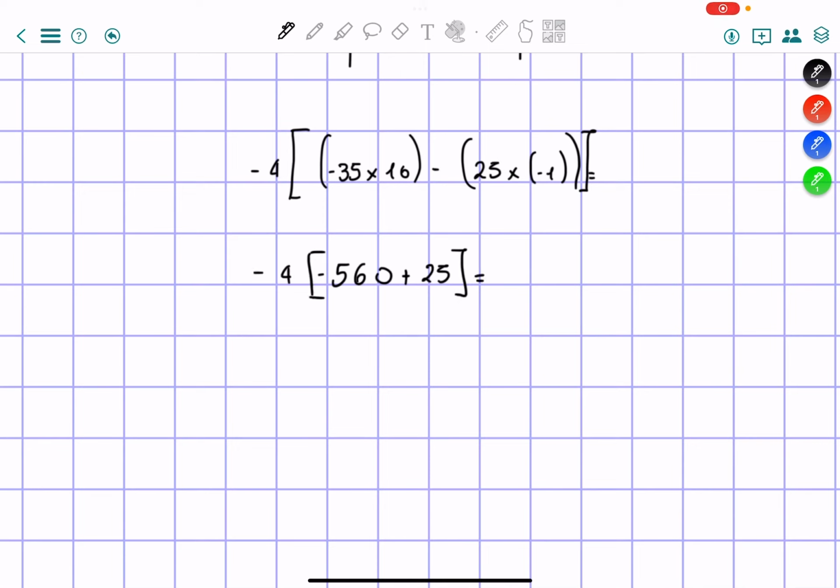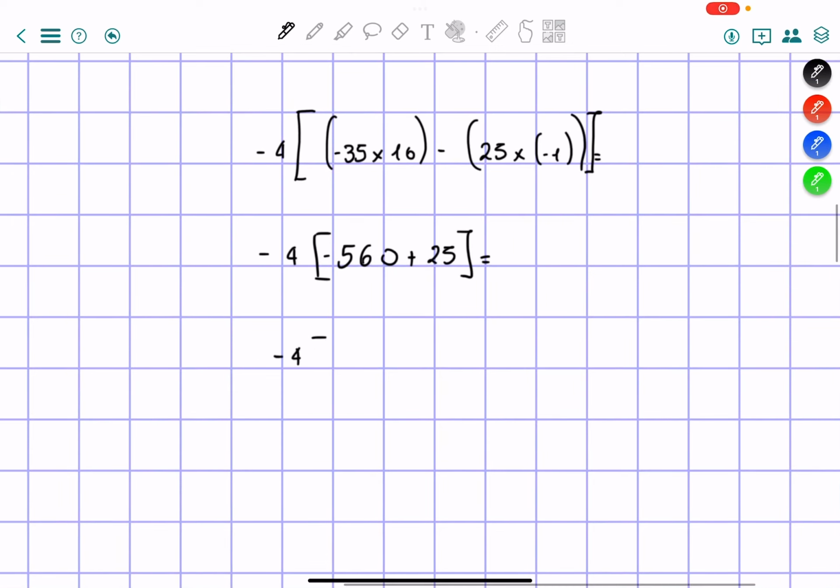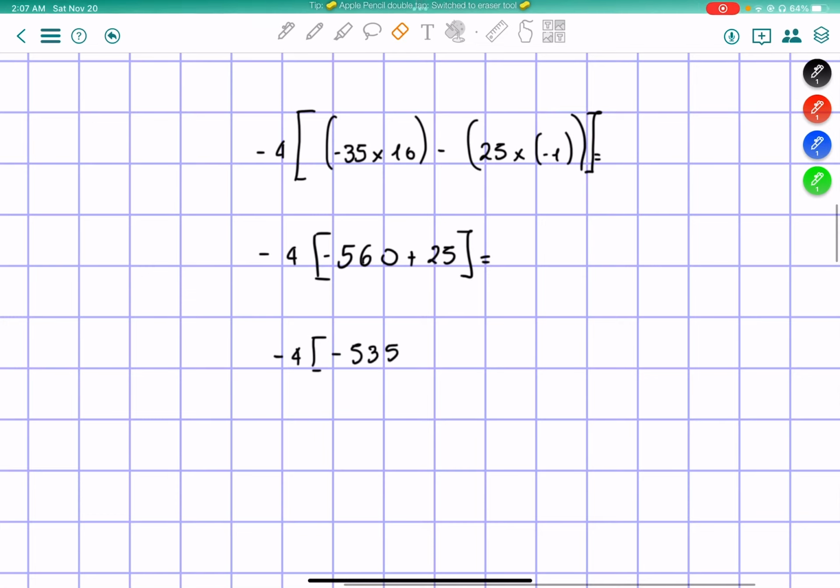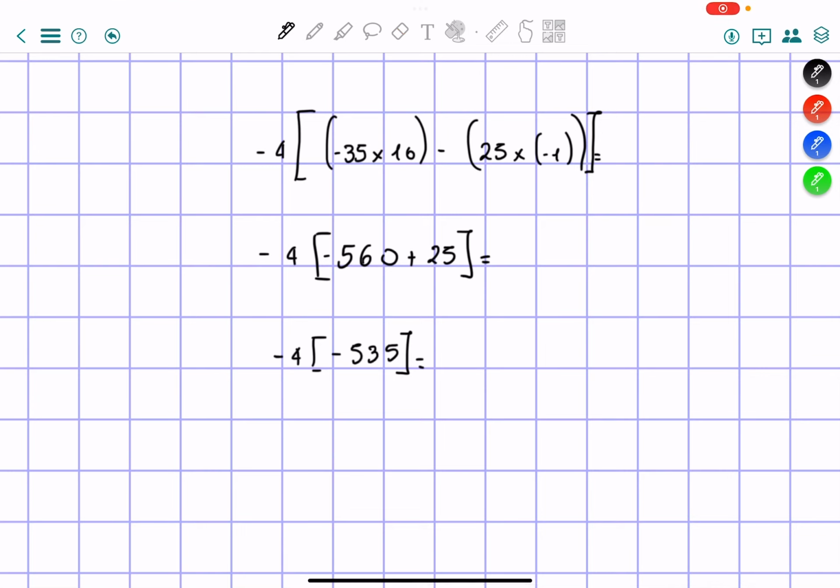So I'm going to have negative 560 plus 25, which is negative 535, times negative 4, which is then going to be equal to positive 2,140. And that is my final answer.